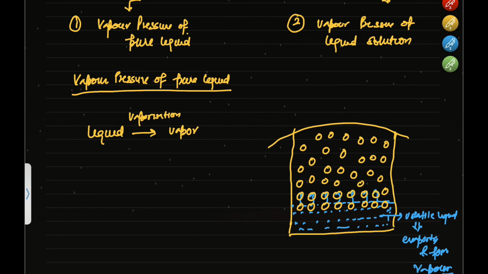That's why the level of the liquid decreases, because the liquid converts into vapor.